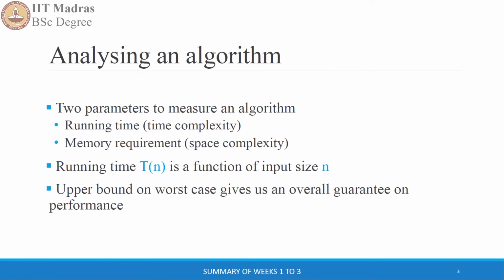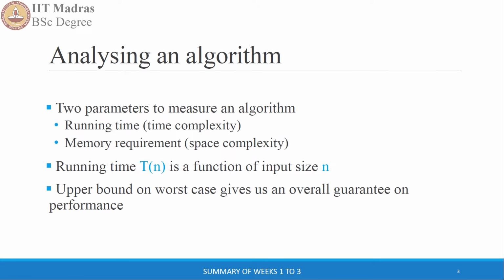Moving forward, the time aspect of an algorithm is much more important than space. Hence, from here onwards we will focus majorly on time complexity, which leads us to the next point.